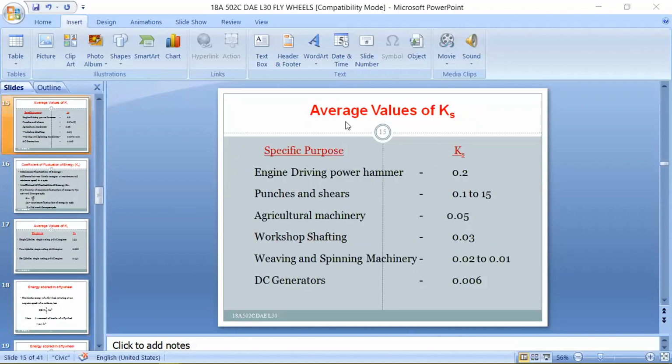Now let us see the average values of the coefficient of fluctuation of speed for various purposes.